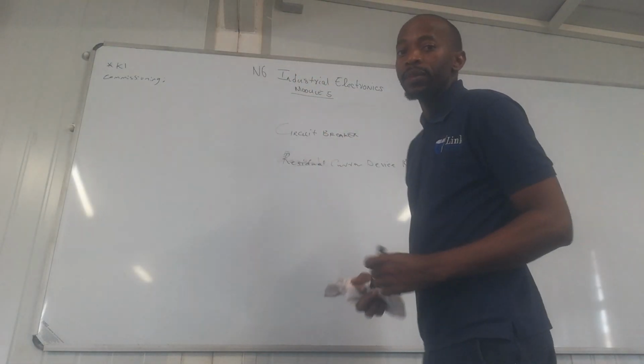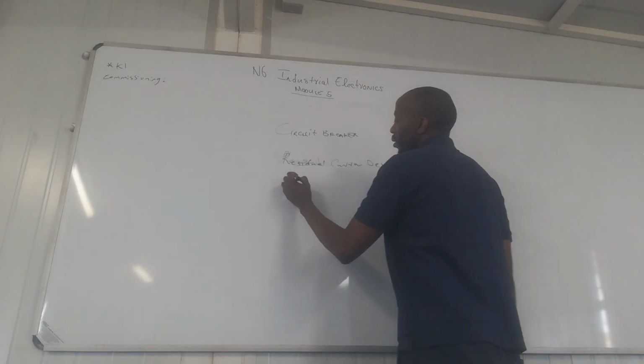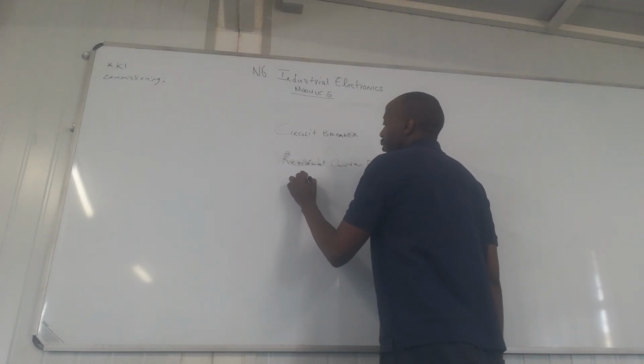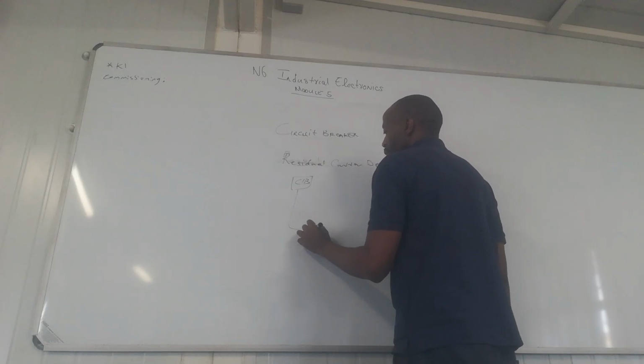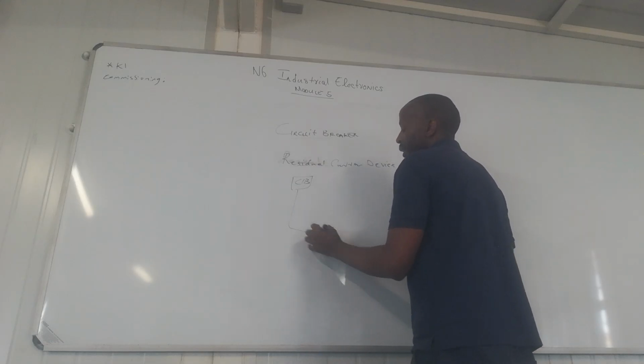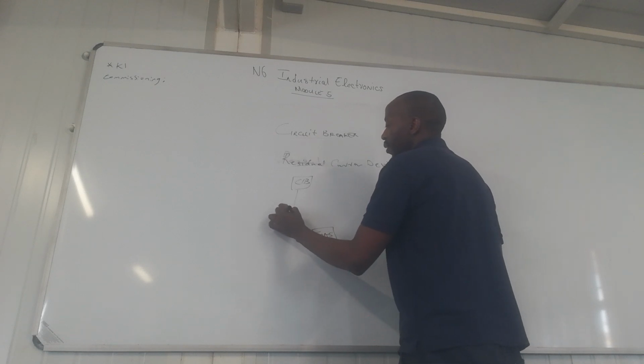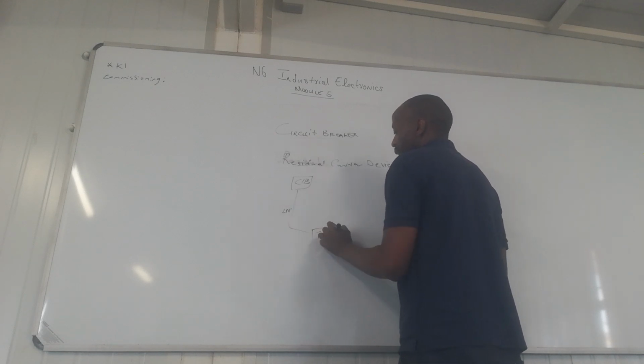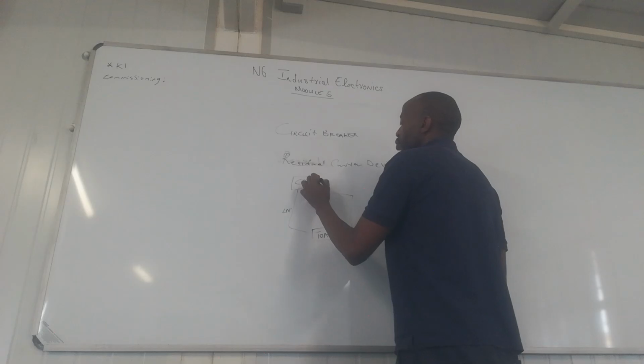Now I'm going to make a small simple sketch. You have a circuit breaker, the circuit breaker is your DP, and you have your toaster here. This is a live wire, and this is a neutral going back to the neutral bar.